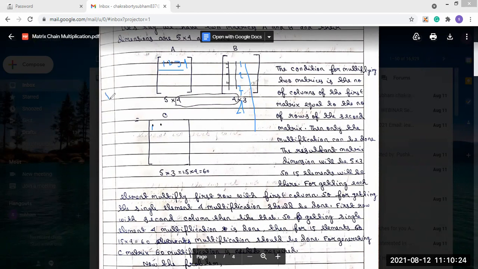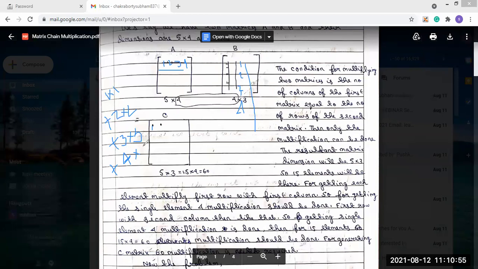That means we perform 1 into 1 plus 2 into 2, plus 3 into 3, plus 4 into 4.